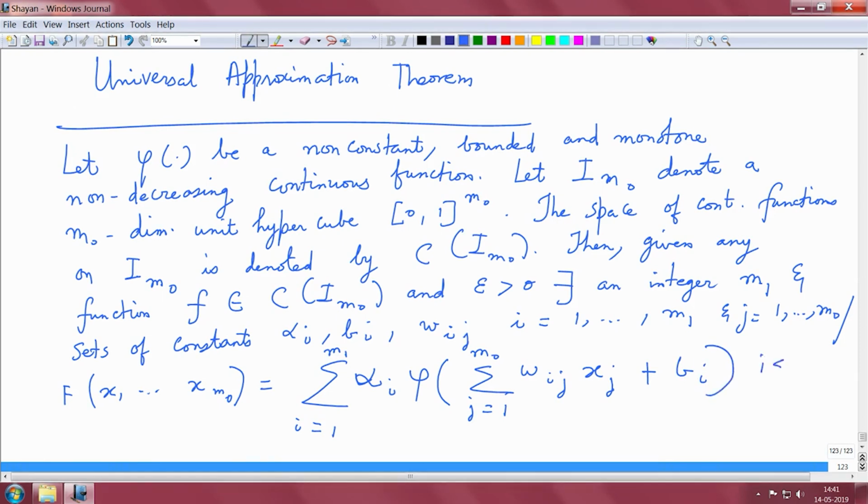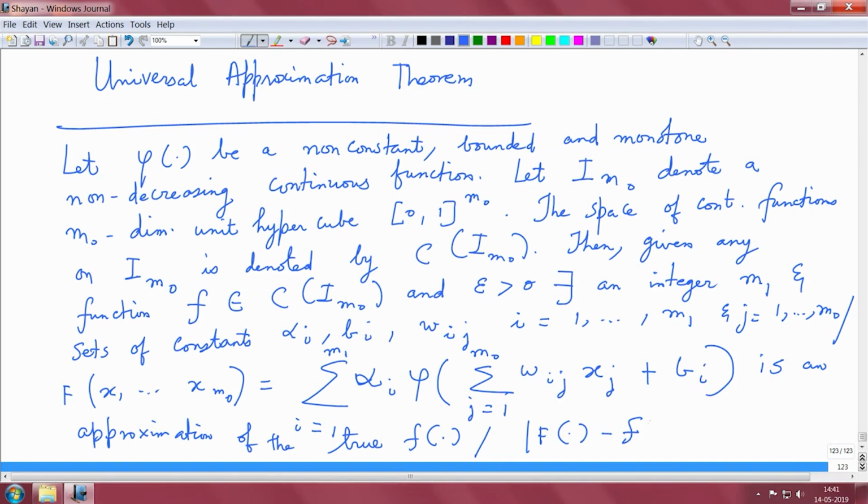So, this is an approximation of the true function over these m0 variables, such that the absolute value of this approximating function minus the true function is within epsilon.